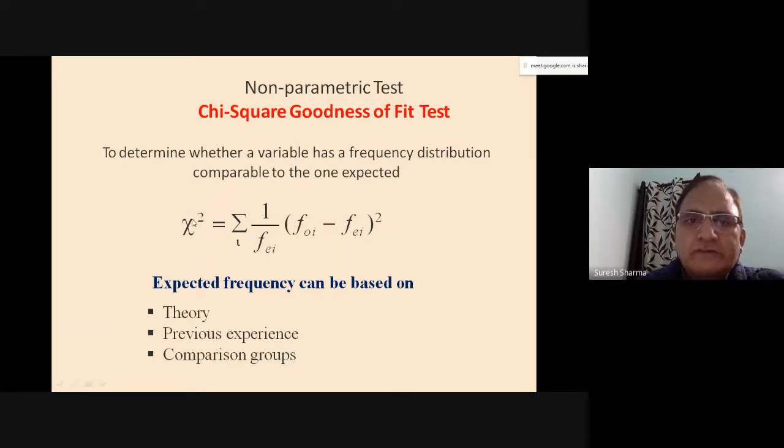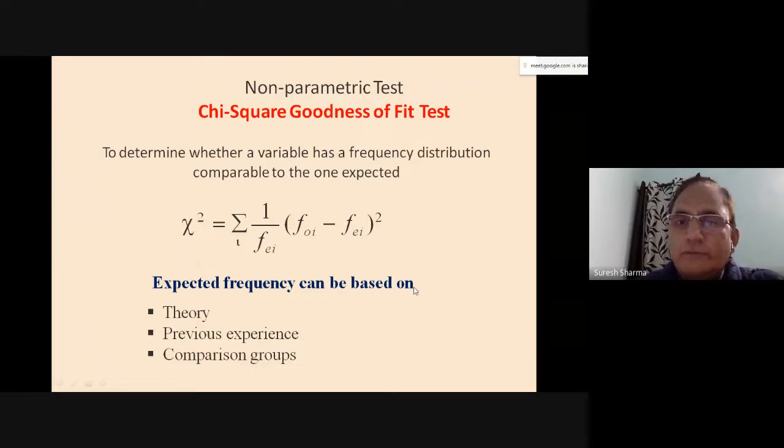Corresponding to this chi-square, there will be a p-value. If the p-value is coming out to be non-significant, then you will say that there is no difference between what the theory says and what you observe. But if it is coming out to be significant, then there is a discrepancy between theory and experiment. So to check the discrepancy between theory and experiment, we apply what is called the chi-square test of goodness of fit, right? I'll give you an example and then it will be more clear.